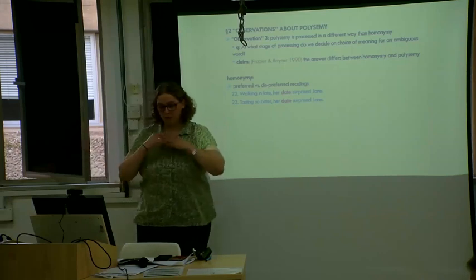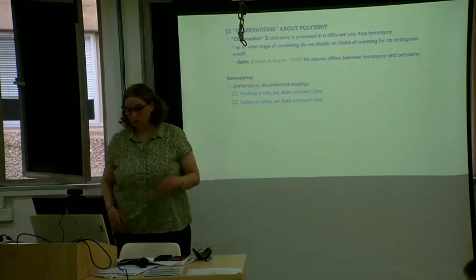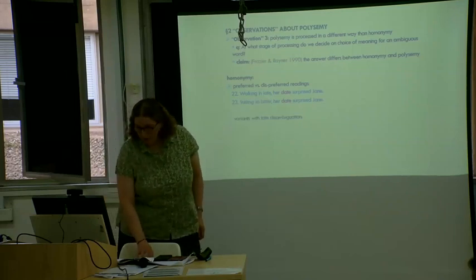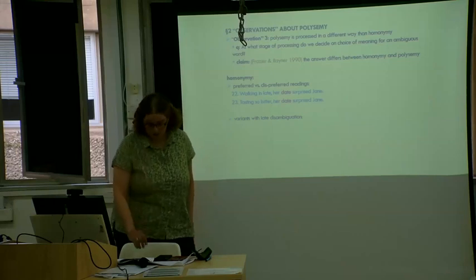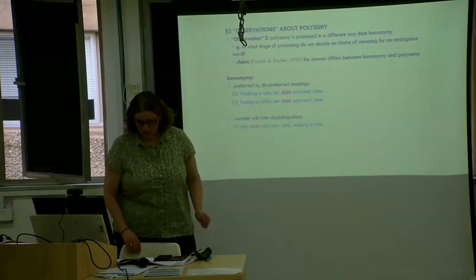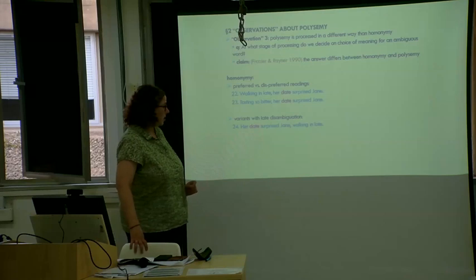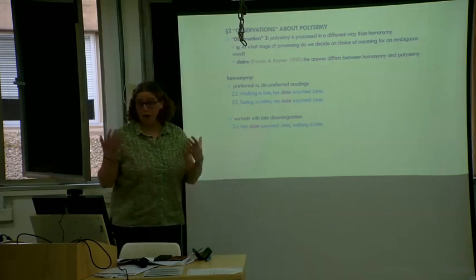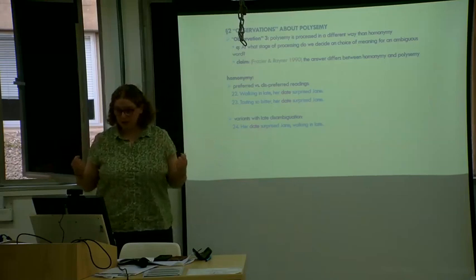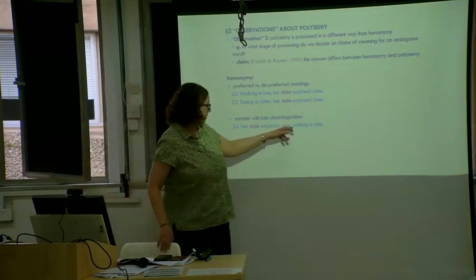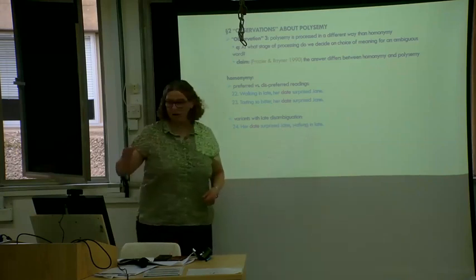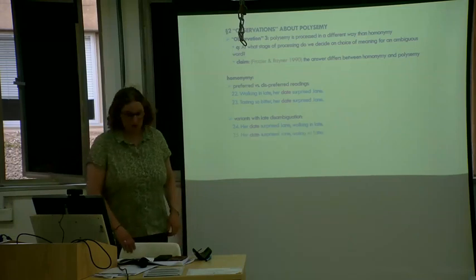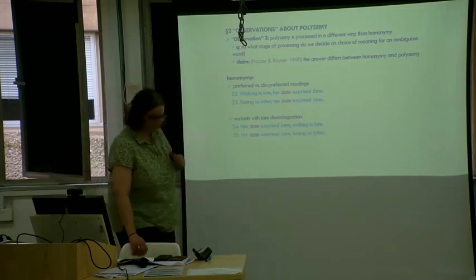In this case, they claimed it was the first one. Then they took variants of these sentences where they put the disambiguating clause later. When you just read her date surprised Jane, we still don't know which meaning of date is meant, and only after the walking in late clause does it tell us this must be the someone you go out with. We can also do this with the other meaning.